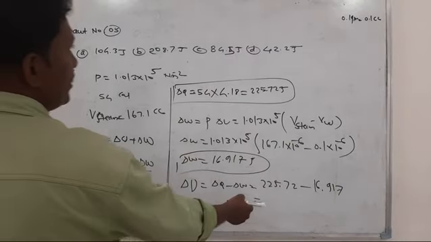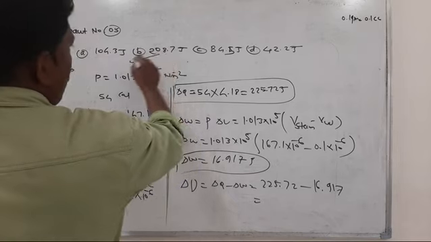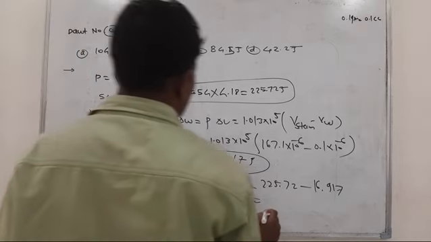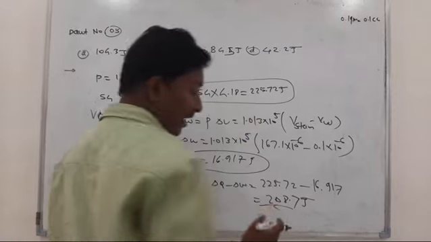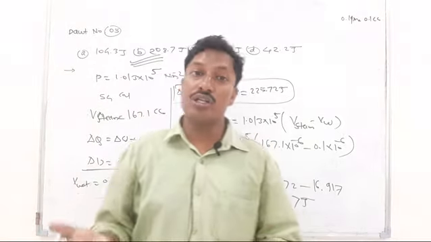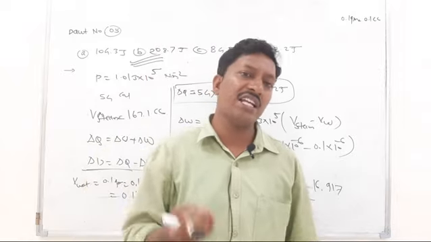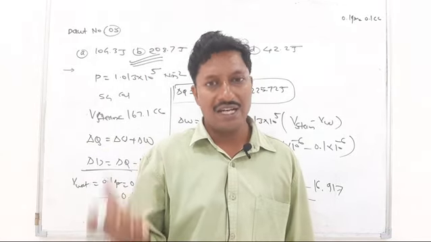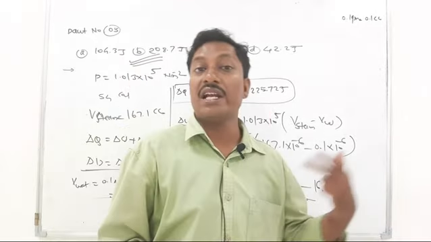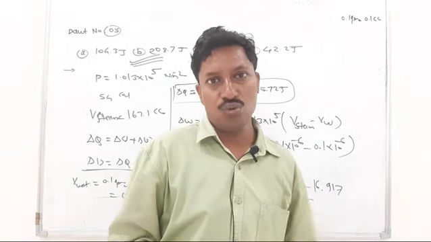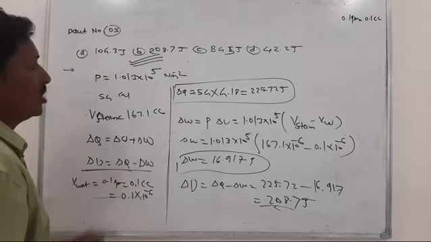This answer is correct and matches option number B, that is 208.8 joule. Simply, student, according to the first law of thermodynamics, delta Q is equal to delta U plus delta W. In the given information, first find out delta Q and delta W, then we get the change in internal energy.